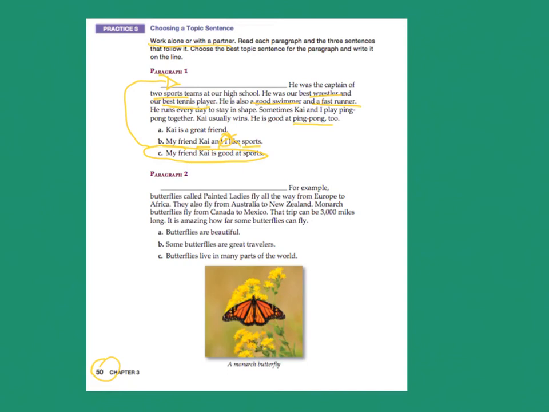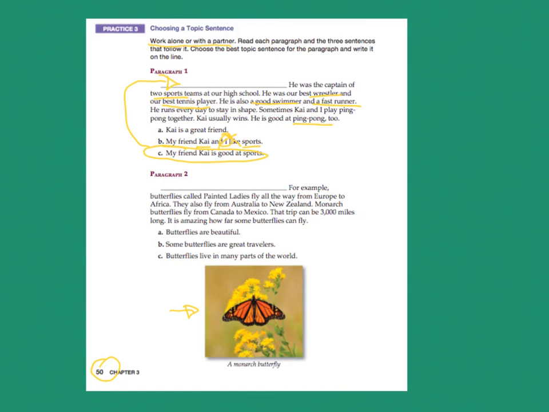Let's look at one more example together before you practice on your own. This is a monarch butterfly. The paragraph says, for example, butterflies called painted ladies fly all the way from Europe to Africa. They also fly from Australia to New Zealand.